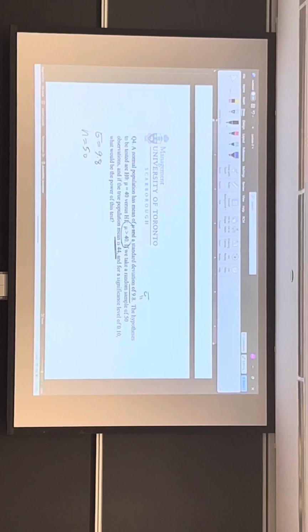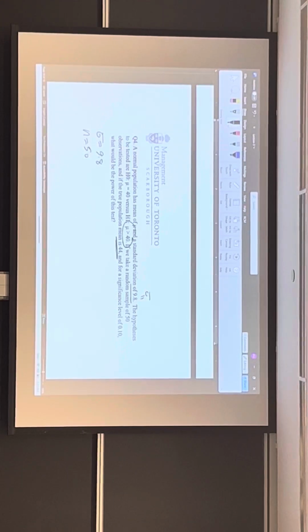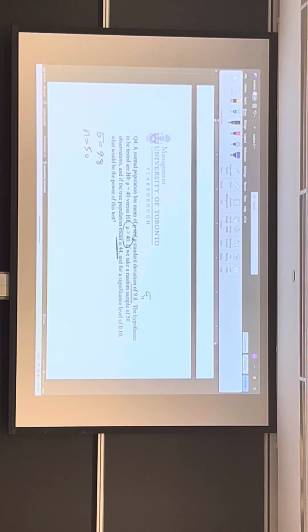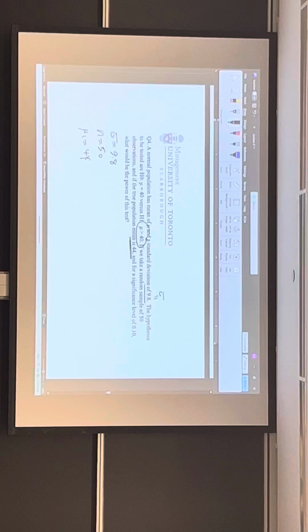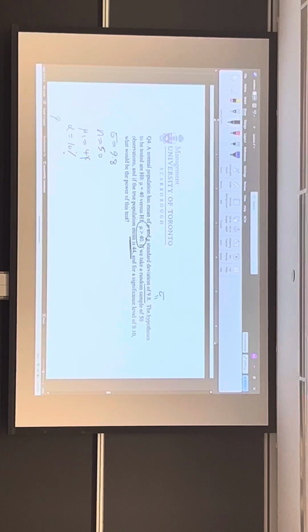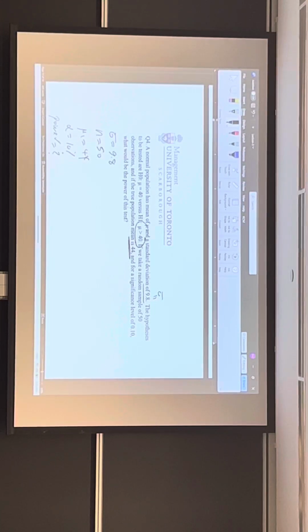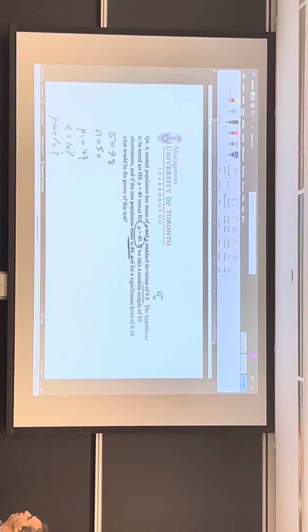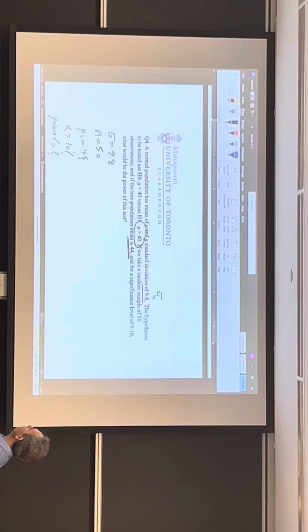That is your alternative. When it says the true population mean is this, if it's in line with the alternative, it's basically giving you the alternative. You're doing the test at 10%. What would be the power of this test? That is what the question asks you to do. Calculate the power for that alternative.